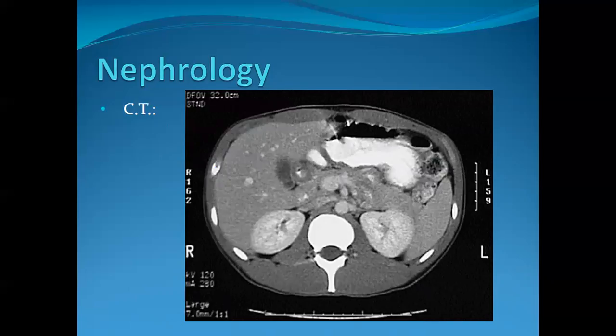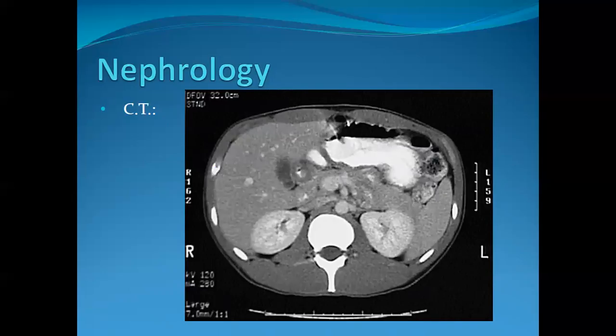You can also look and evaluate for accessory renal arteries, which is a pretty common anomaly to have multiple renal arteries supplying the kidneys. That's important if the patient is going to have surgery, or there's going to be any type of surgery around the kidney to evaluate and let that surgeon know exactly how many renal arteries there are, if there's accessory renal arteries, and their location from the origin of the aorta and where they're coming from and where they're going within that kidney. It's really important. It's an excellent modality to evaluate that.